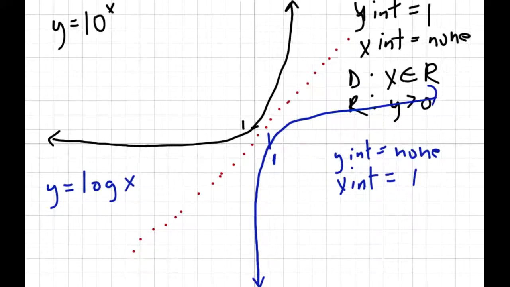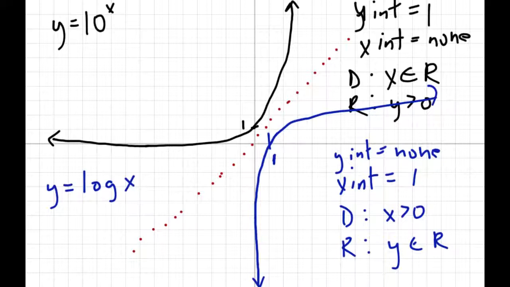So you can see it's just the reverse of the exponential one, and our domain and range also get reversed. So our domain will be x is greater than 0 this time, and our range will be y is any real number. And it'll always work like that for any graph, doesn't matter what the numbers are, you'll always get the similar type of features for the graph.